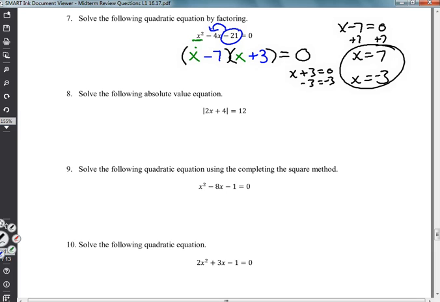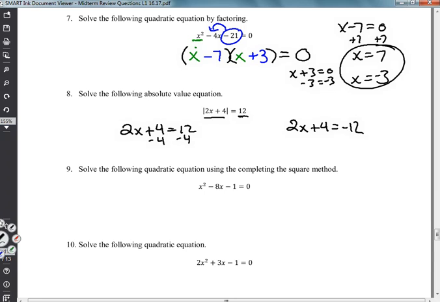Okay, absolute value equations. Once it's set up like this, where the absolute value is on one side and the number is on the other, now I can break them up. So one will be with a positive answer, and the other will be with a negative answer. And then from here, I would solve.